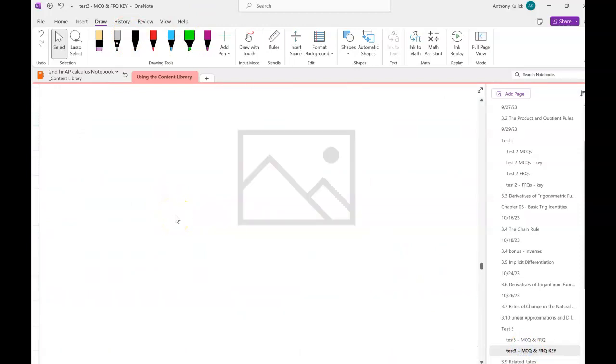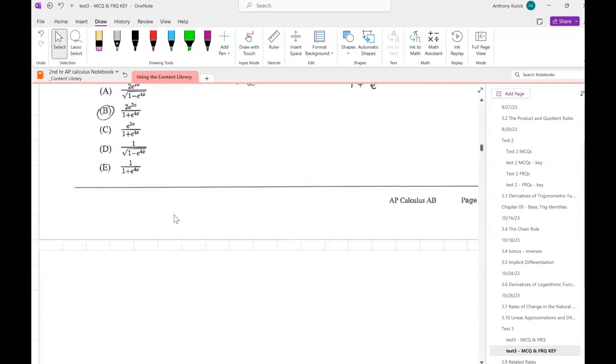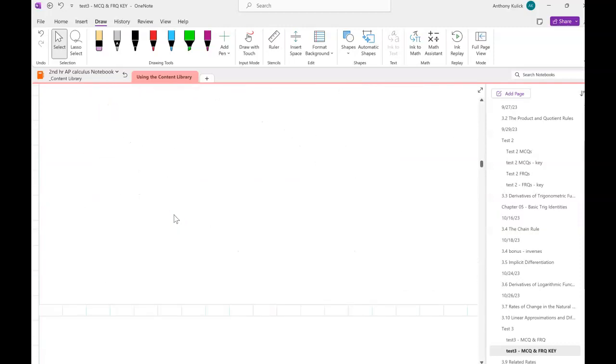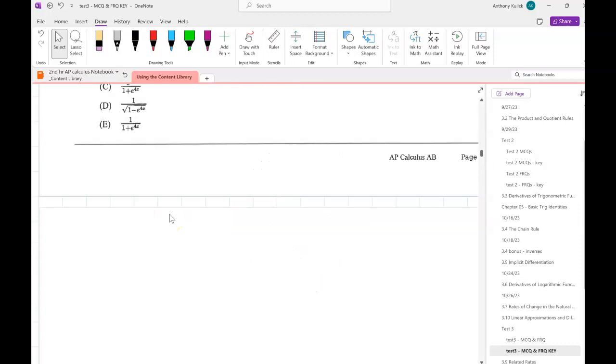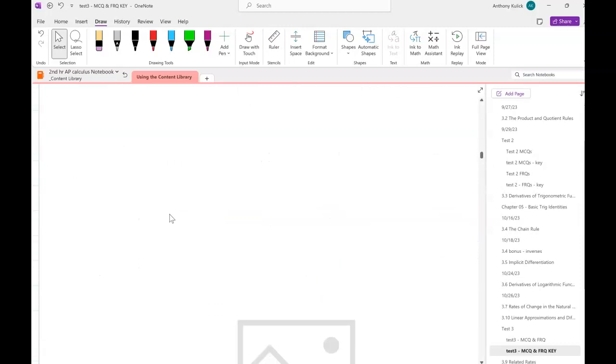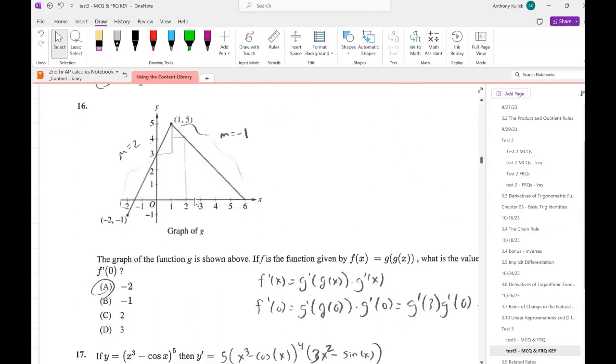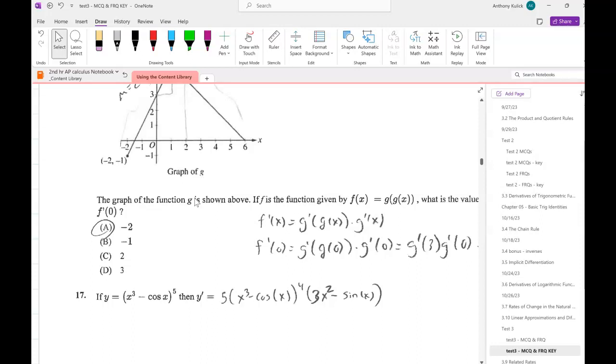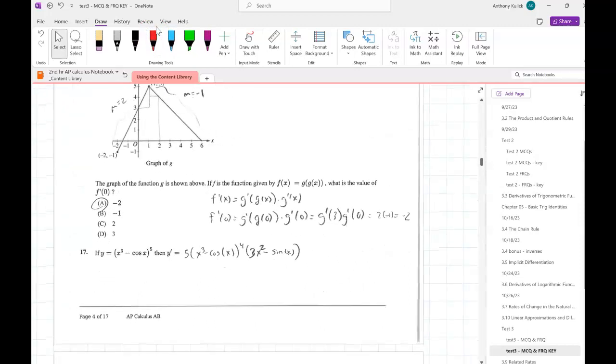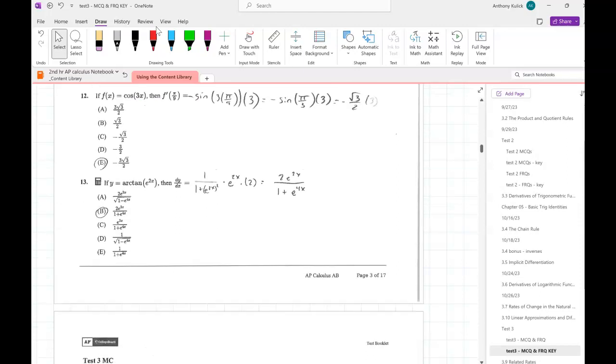I think, where was it? There's one of these that was wrong. Chanel came and asked me about something this morning, and we found a mistake in one of my answers. I think it was 15 or something. It was this one, 16. No, it wasn't this one. Where was it?